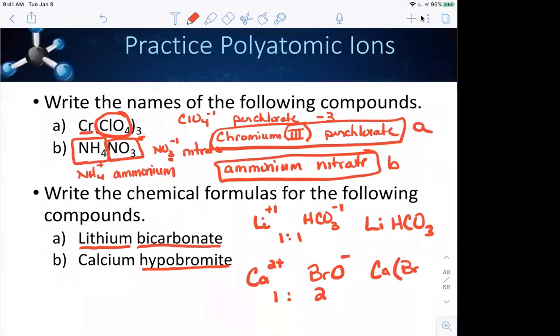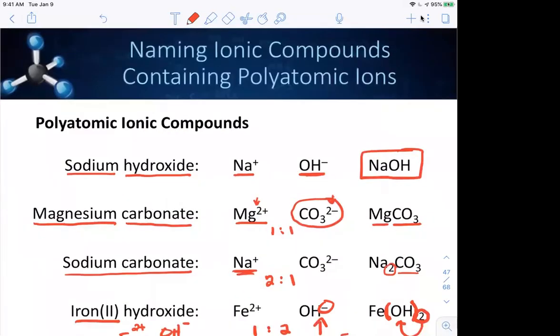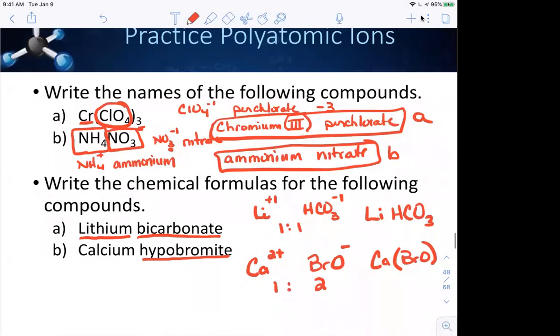So I'm going to put this together like that. Sometimes you might find that the oxygen and the bromine are switched. It depends on what source that you're actually looking for. So you may see that as CaOBr2.